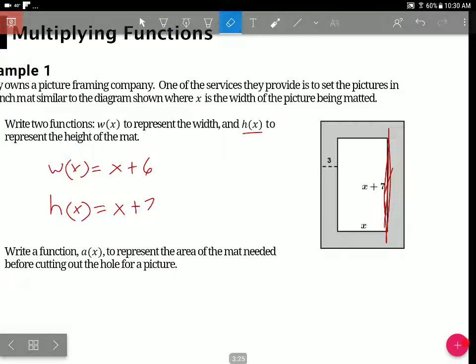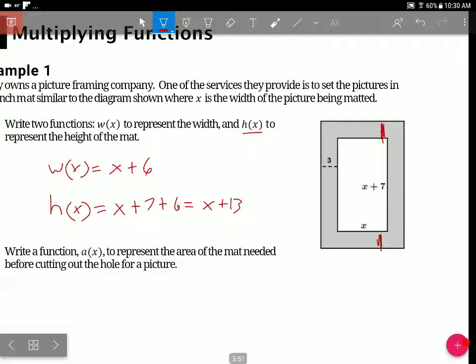All right, but it's not just the x plus 7. What else is it? Plus 6, because I got 3 on top and I got 3 on bottom. So what's 7 plus 6? 13. So h of x is x plus 13. Cool? Any problems with how we found that?